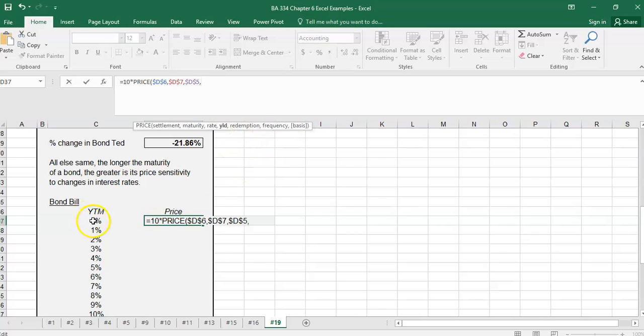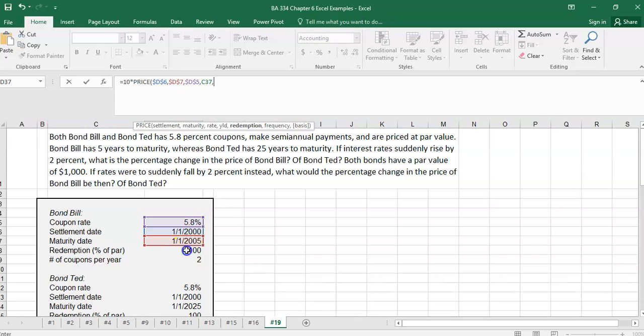Then our yield to maturity is from this table here. That's the only cell we're not going to lock because we're going to copy that formula down. The redemption is 100, and we are going to lock that cell.